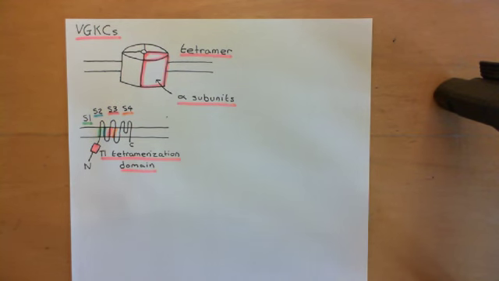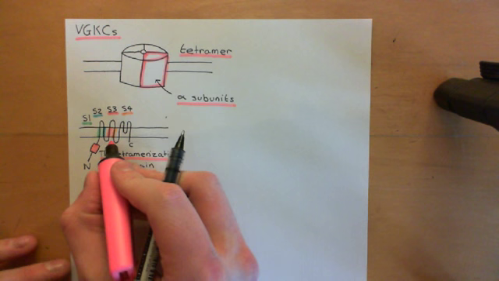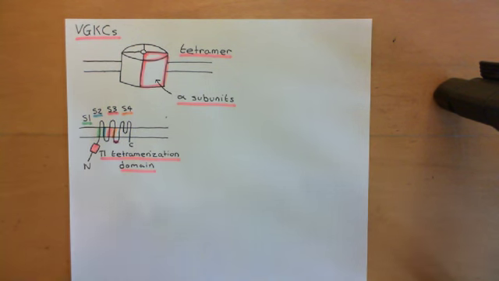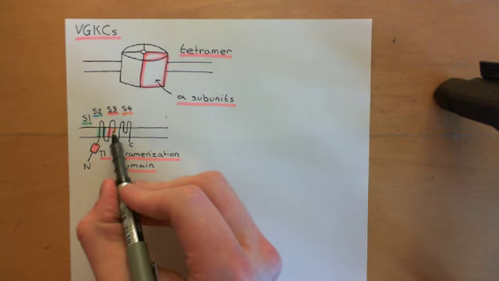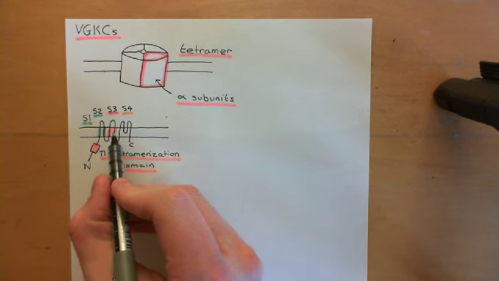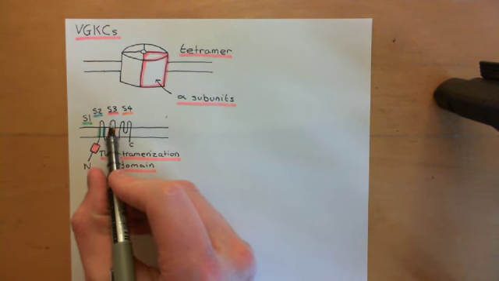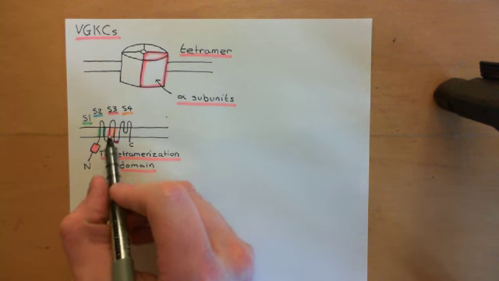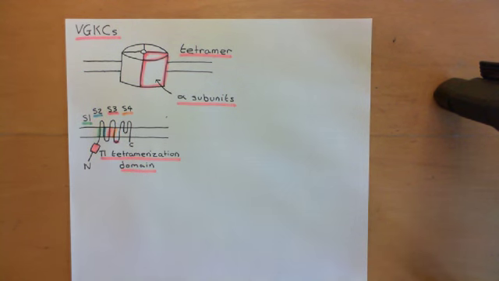Now I'm going to break with tradition and actually colour in a portion that isn't the next membrane-spanning alpha helix. I'm going to colour in this little linker here between the 4th and the 5th membrane-spanning alpha helix. Although I haven't shown it on this picture, that linker is actually much bigger than these other linkers that we've got here. It's much, much bigger, and it actually contains an alpha helix itself.